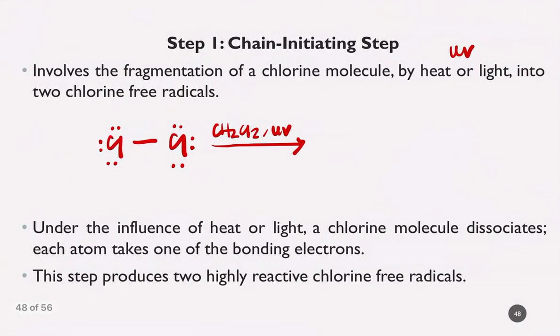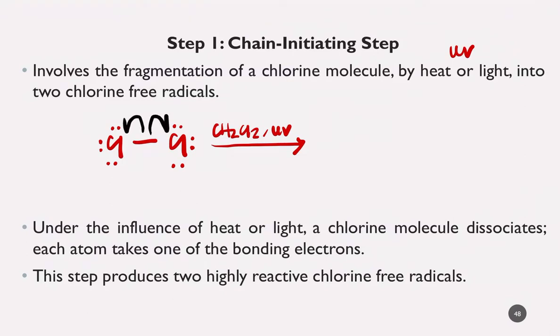Alright, so let's start the first step, the chain initiating step. For this step, you will start by creating your free radicals. So what will we create our free radicals with? We will use our chlorine molecule. First of all, you know this is homolytic fission, homolytic cleavage, so you will just perform that. Half-headed arrow.